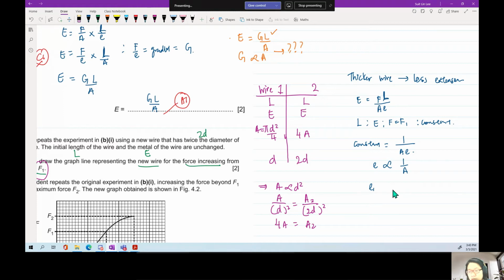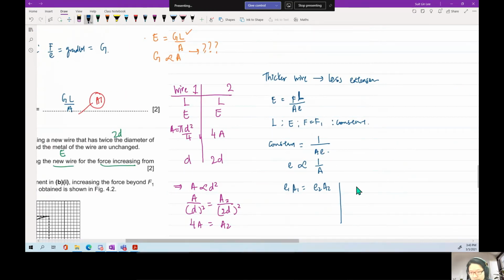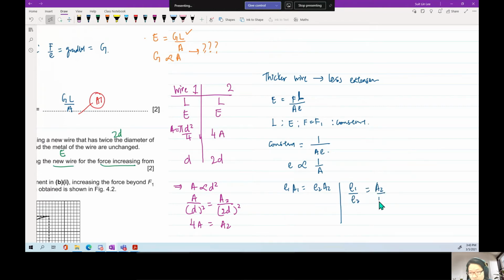Then that would be e1 A1 is e2 A2. I personally don't like this, but if you want to, you can. I prefer the ratio of flipping. So when I say flip, I mean e1 over e2 is equal to inverse A2 over A1. Okay, and I can double check the unit, so whichever lah. It makes sense in your head, can already. Doesn't really matter.